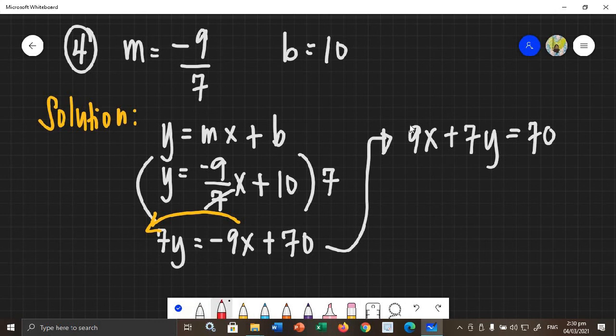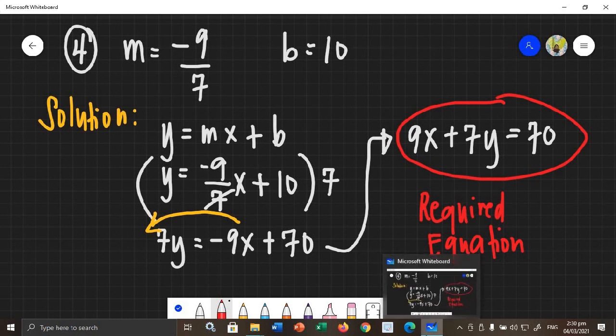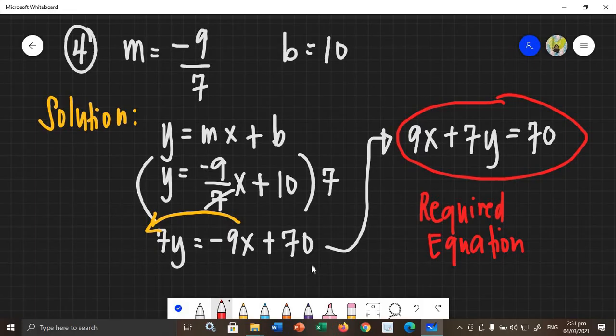Then we have no problem sa coefficient ng x. Therefore, this will be now the required equation for the given problem. Okay? So that's it. That is how you find the equation of a line using the slope-intercept form.